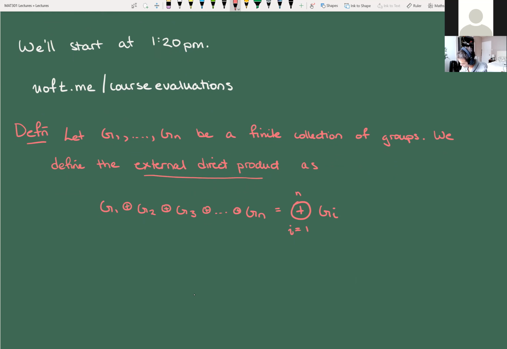is this thing, which is the Cartesian product. Okay, so what we're saying is the underlying set here is just G1 times G2 times ... times Gn. That's the underlying set, with the group operation done component-wise.